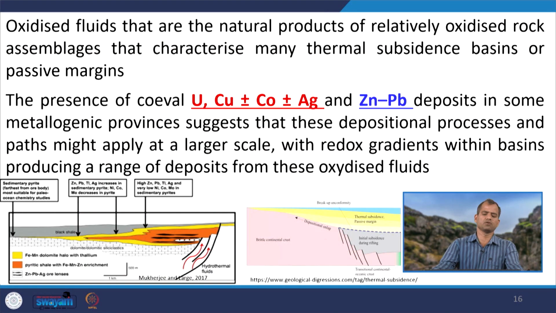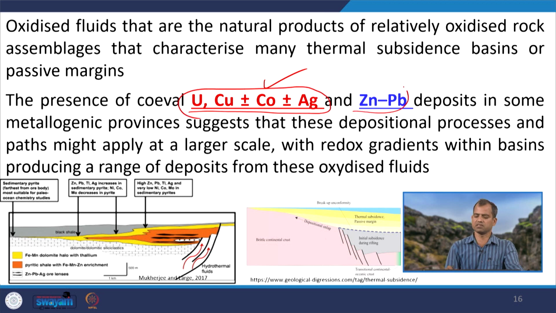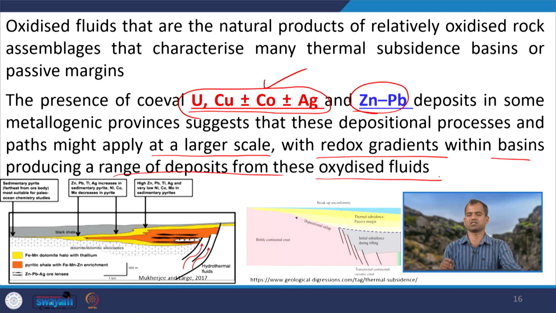Oxidized fluids are the natural products of the relatively oxidized rock assemblage that characterizes many thermal subsidence basins of the passive margin. The presence of coeval uranium, copper, cobalt, Ag along with Zn and Pb deposits in some metallogenic provinces suggests that these depositional processes and paths might apply at a larger scale, with redox gradients within that basin producing a range of deposits from this oxidized fluid.